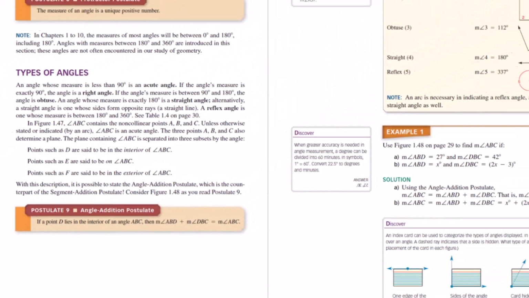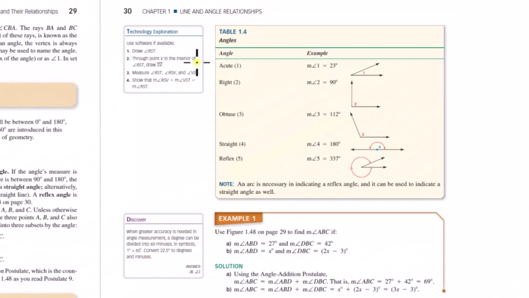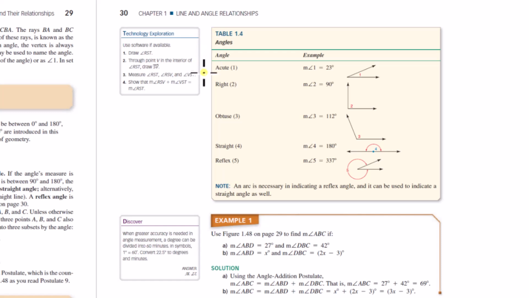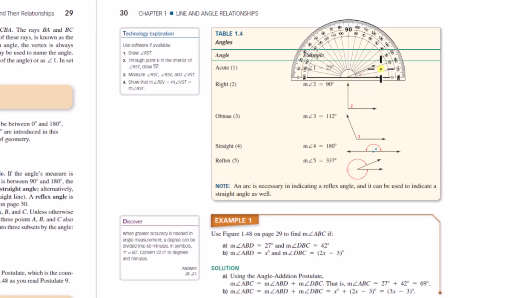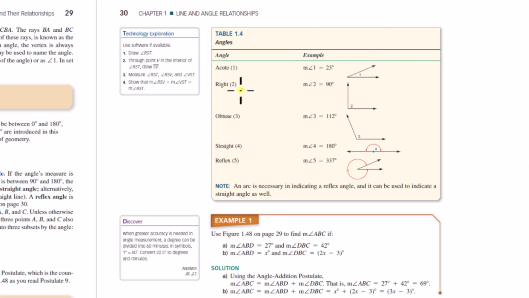All right. Let's see. Table 1.4 angles. Angle 1 is, what are we doing here? Oh, okay, yeah, acute angle. If we took out the protractor, we would see this is 23 degrees. We could do that, actually. Why not? Yeah, you see it's 10, 20, right at around 23. Here's a right angle.